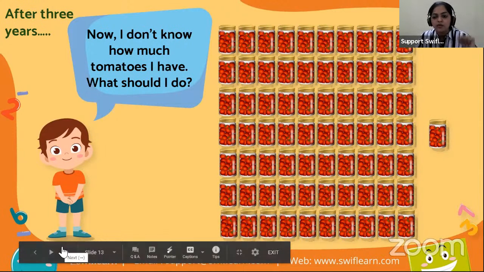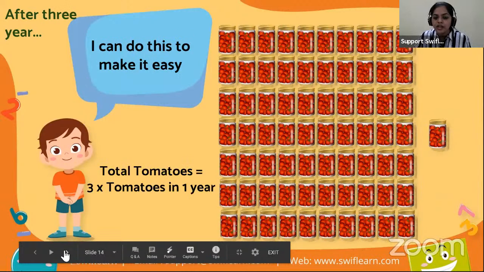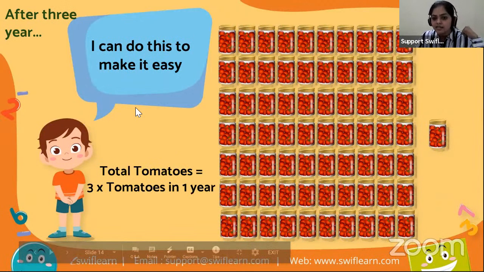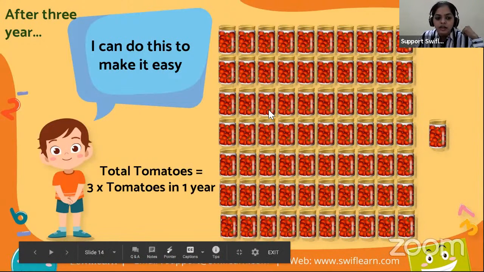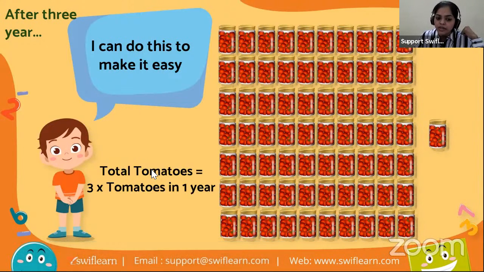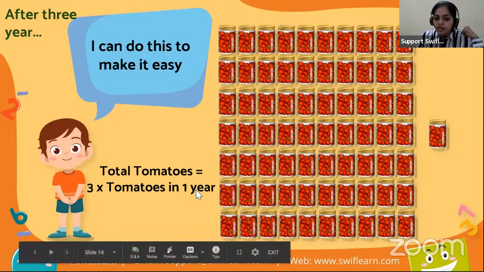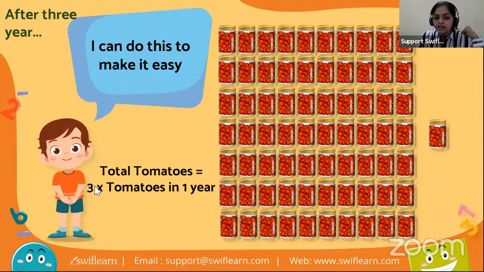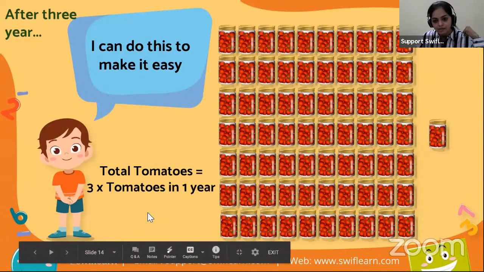So now the need for algebra is there. So how does algebra help us? Actually, algebra can make our task easy. How? We take the total tomatoes in 1 year, and if we multiply it by the number of years, then we get the number of tomatoes in the third year. In this way, algebra helps us.